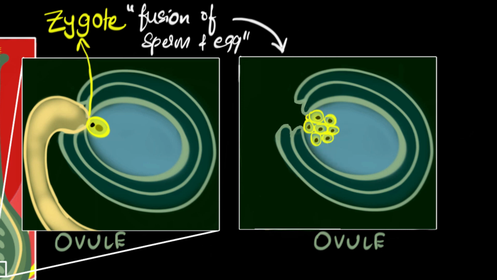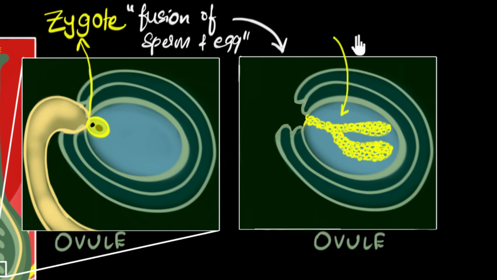And eventually you will find that the zygote would have divided into many cells to give us this kind of structure. This structure is now ready to grow a future baby plant. So this now is called, let me write that down, this structure is now called the embryo.